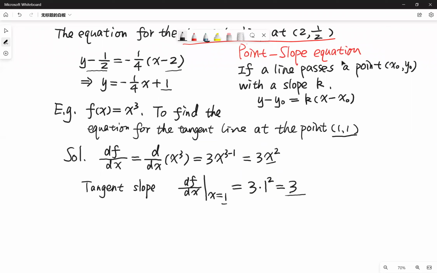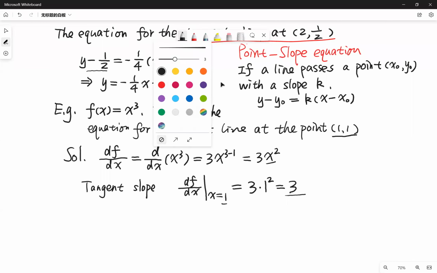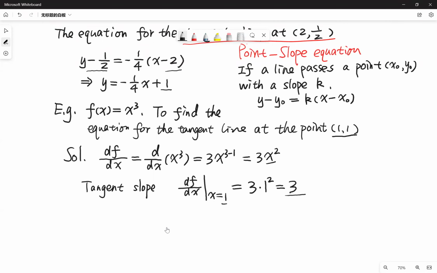Then by the point-slope equation, we can get the equation: y minus y0, where y0 is 1, and the slope is 3, times x minus x0, where x0 is 1.